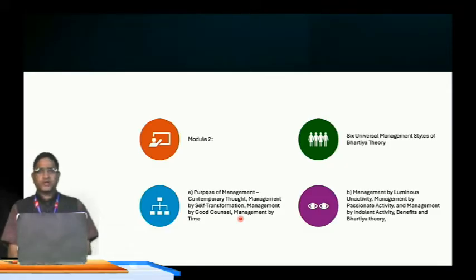Students will also understand how time management is useful while learning this theory. Then management by luminous activities, management by subordinate activity, and management by modern activities of the Bhartiya theory would also be one of the course outcomes understood through this theory.